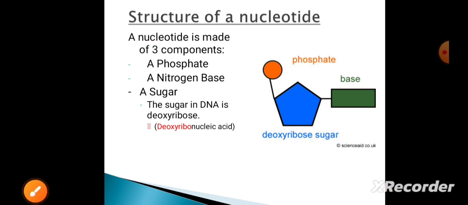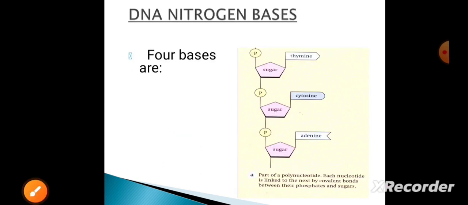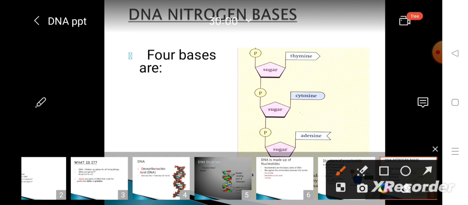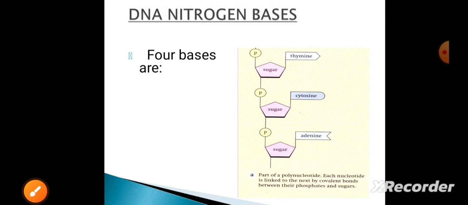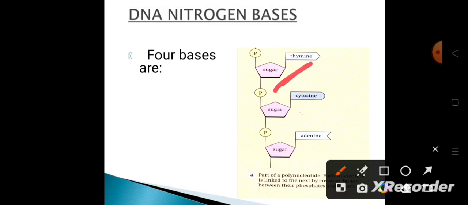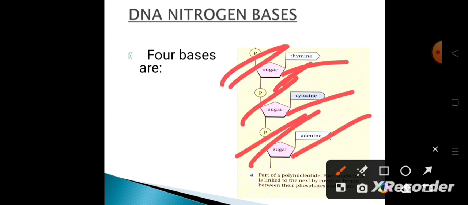Now see the structure of how the nitrogenous base is attached. This is the 1 prime, where thymine is added, cytosine is added, adenine is added, and here is the 5 prime where the phosphate groups are attached.